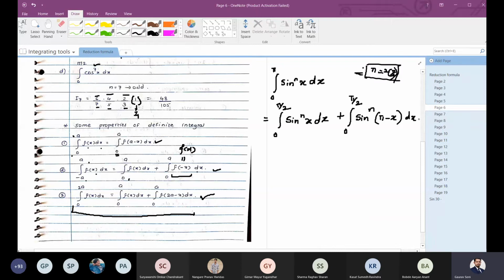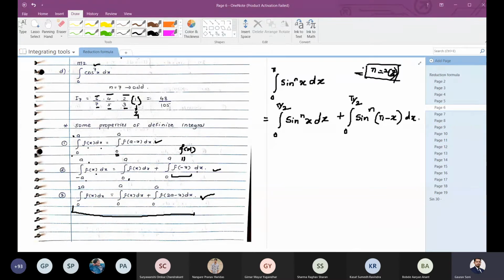Now sine 180 minus theta. Yes, anyone? Sine 180 minus theta.